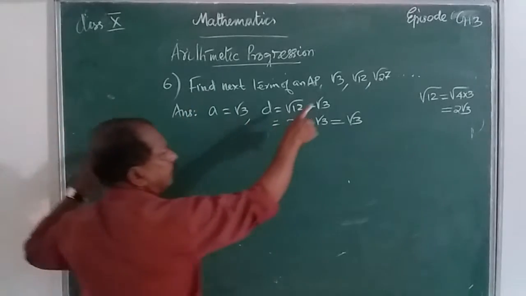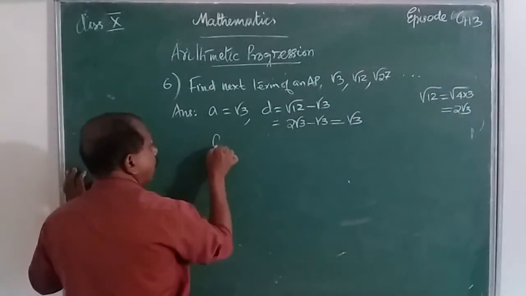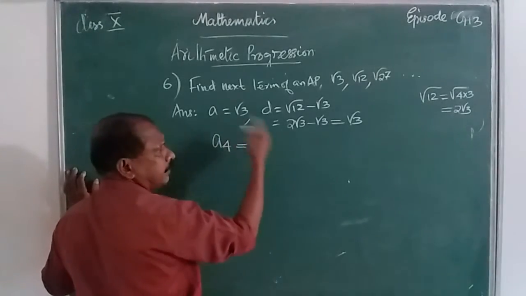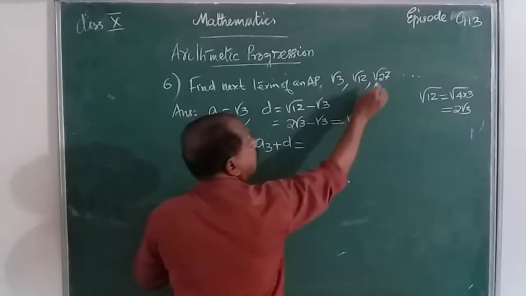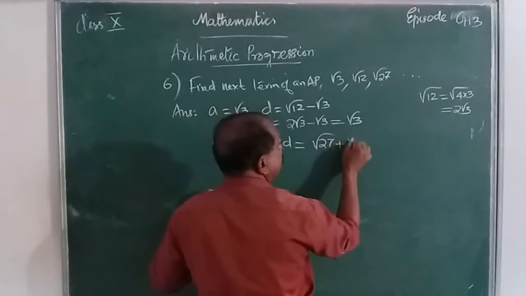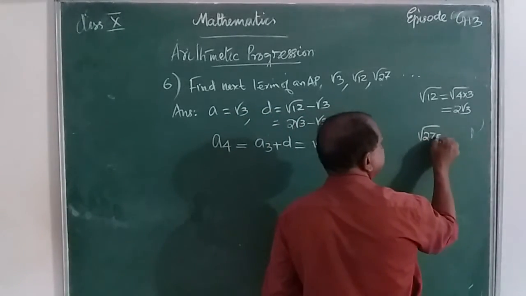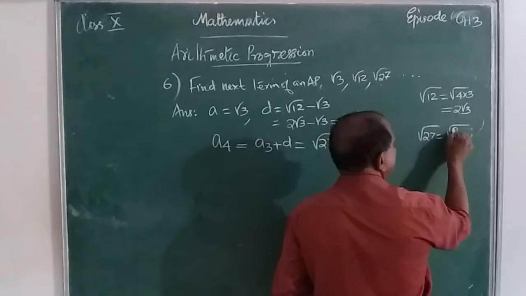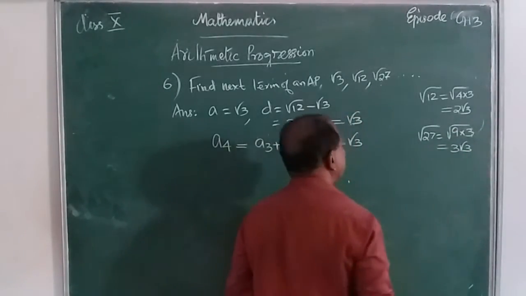Then first is root 3, second root 12, third term root 27, fourth term. a4, that is finally the next term. That is a4 is equal to a3 plus d. What is a3? Root 27 plus d. What is root 27? Root of 9 into 3, that is 3 root 3.